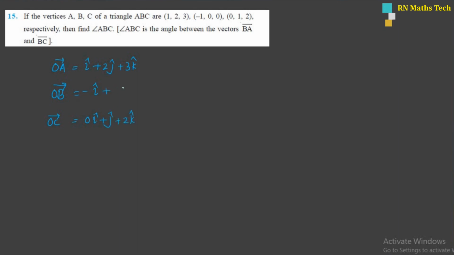Then find the angle ABC. See, triangle ABC. This angle ABC is the angle between BC and BA. So we have to find the vectors BC and BA. Vector BC is equal to OC minus OB.